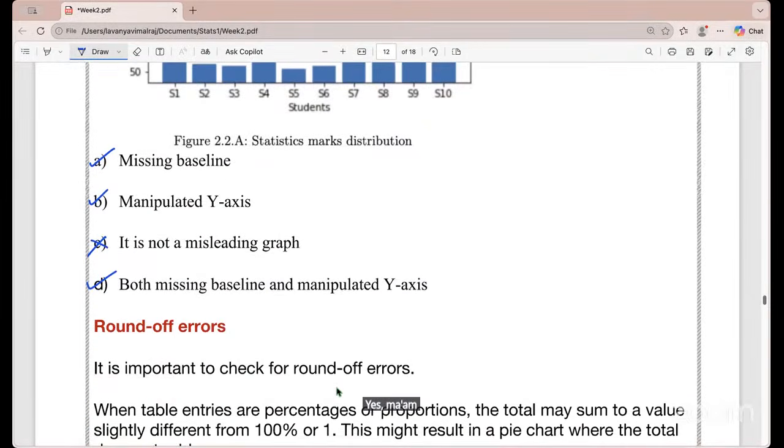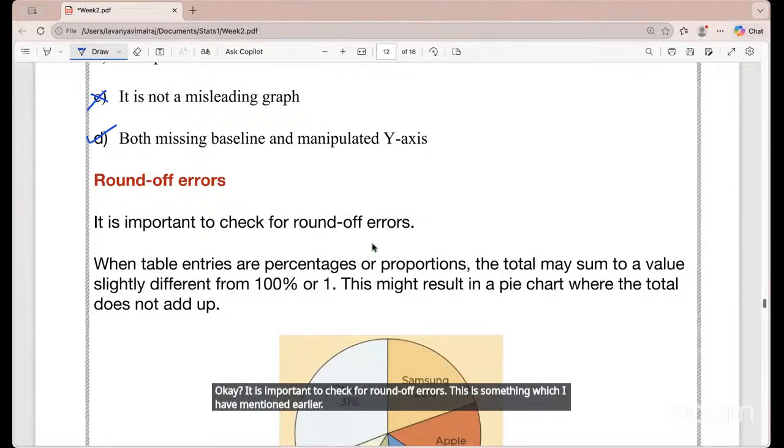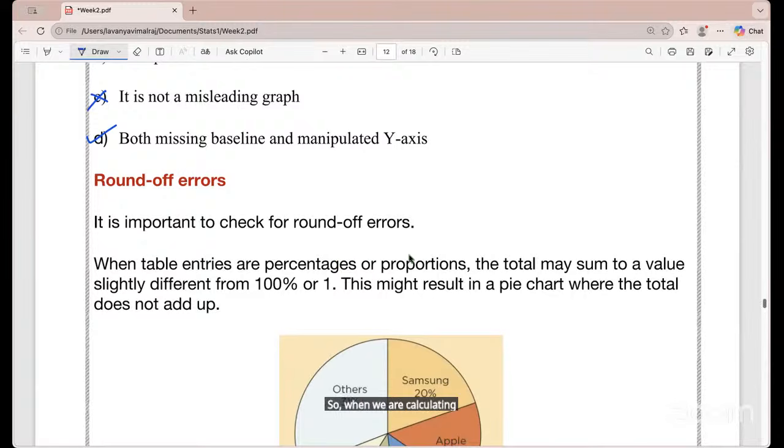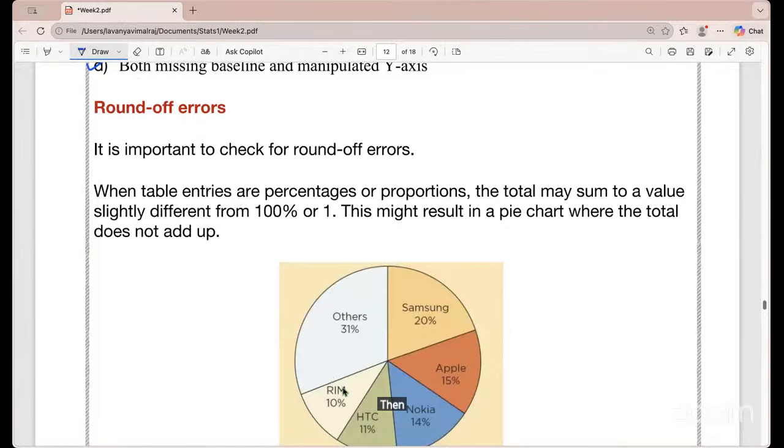And then round off errors. What are round off errors? It is important to check for round off errors. This is something which I have mentioned earlier. When we are calculating percentages or proportions, the total may slightly differ from 100 or 1, like 0.99, something like this you are getting. So when you are now using this for a pie chart, the total may not sum up.